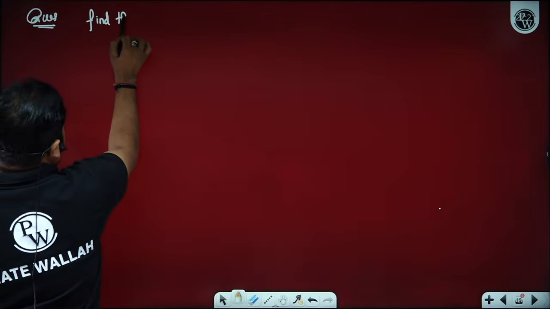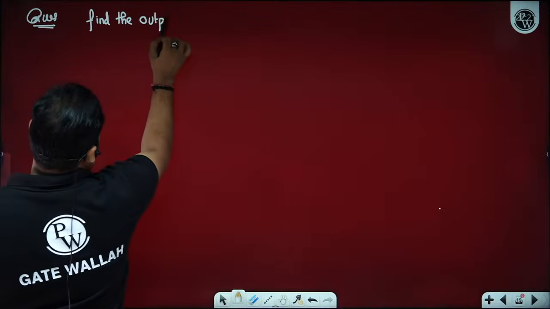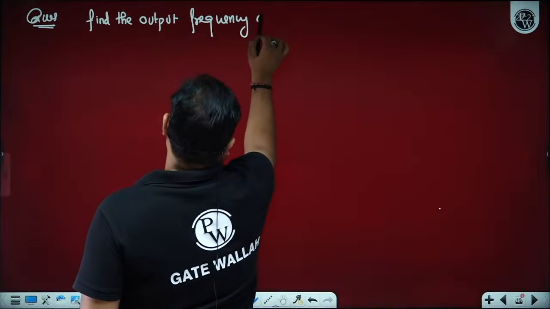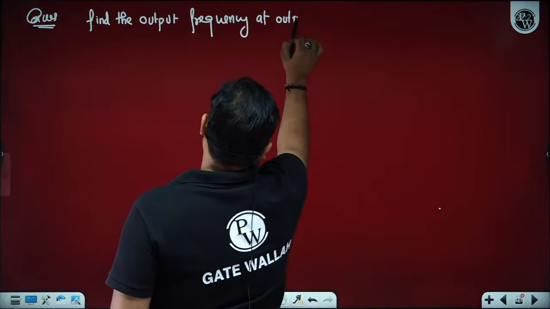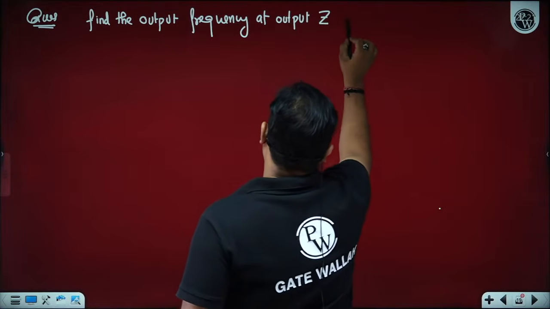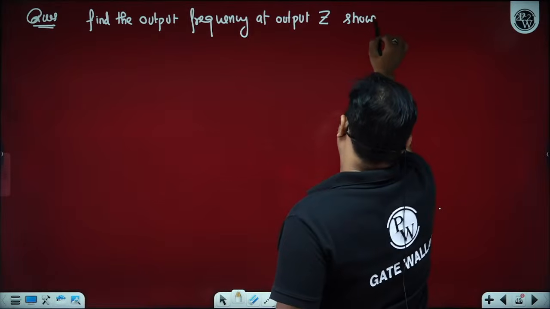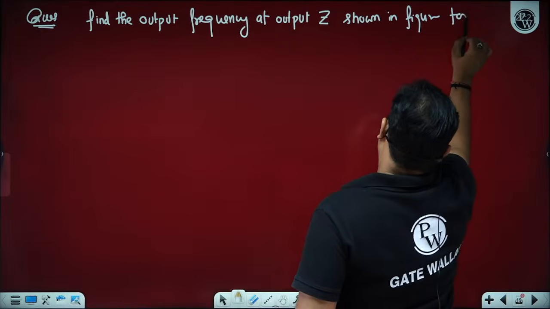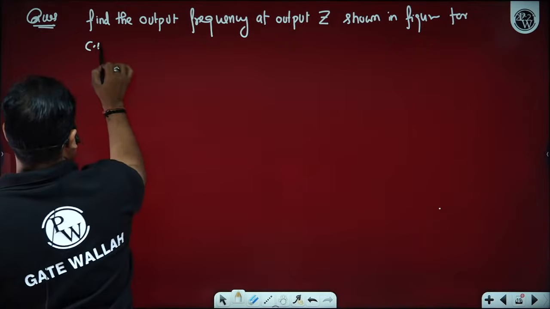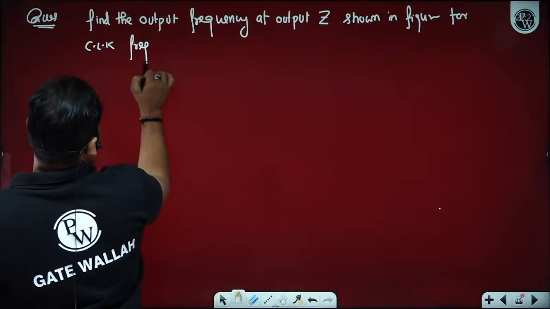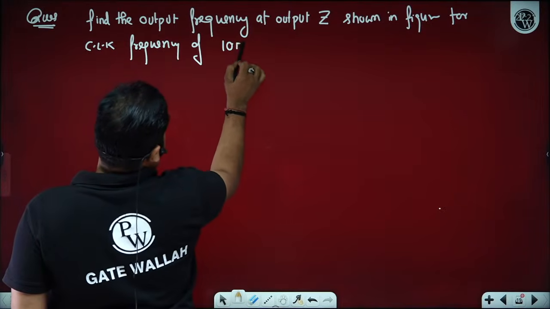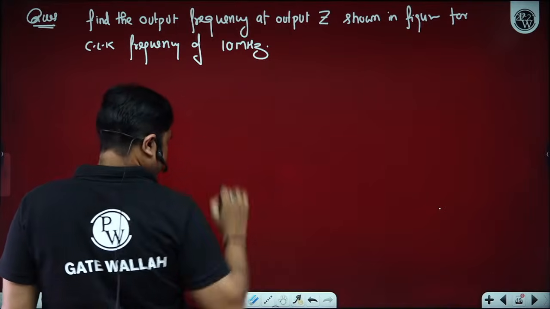Find the output frequency at output Z shown in the figure for a clock frequency of 10 megahertz.